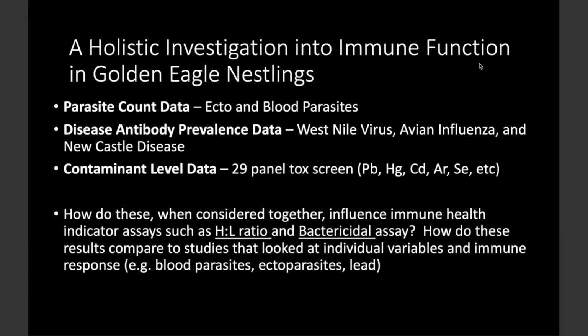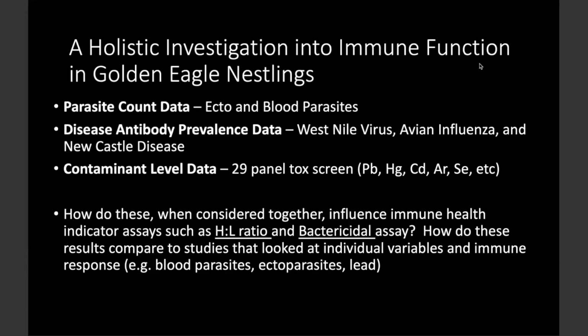So looking at what impacts the immune function of these nestlings will be really important to understanding mortality and how fit they are. We'll use the parasite count data, this disease antibody prevalence data, and the contaminant data to say, okay, this nestling had this many parasites, it was exposed to these diseases, and it has this much contaminants in it, and we'll be able to say, okay, cool, it's a baseline for this bird.